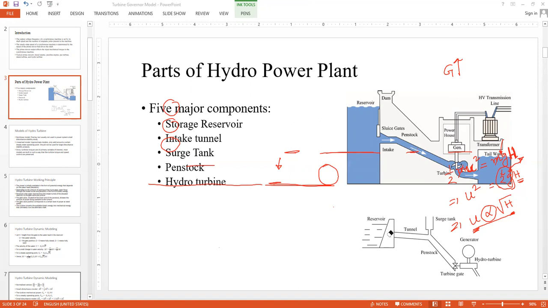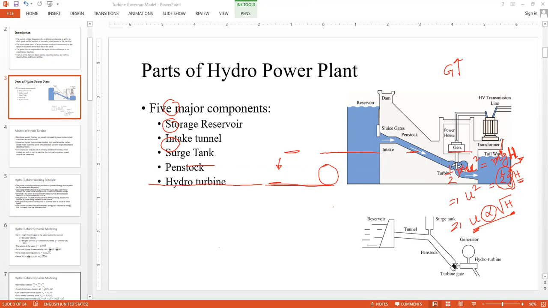You are actually allowing more water to flow, of course, considering you have sufficient reservoir. That is an assumption, a valid assumption. So we will assume that we have a sufficient amount of water available in the storage or in the reservoir. So when we open the gate valve, of course, we are allowing more water. That means there will be more velocity of the water.